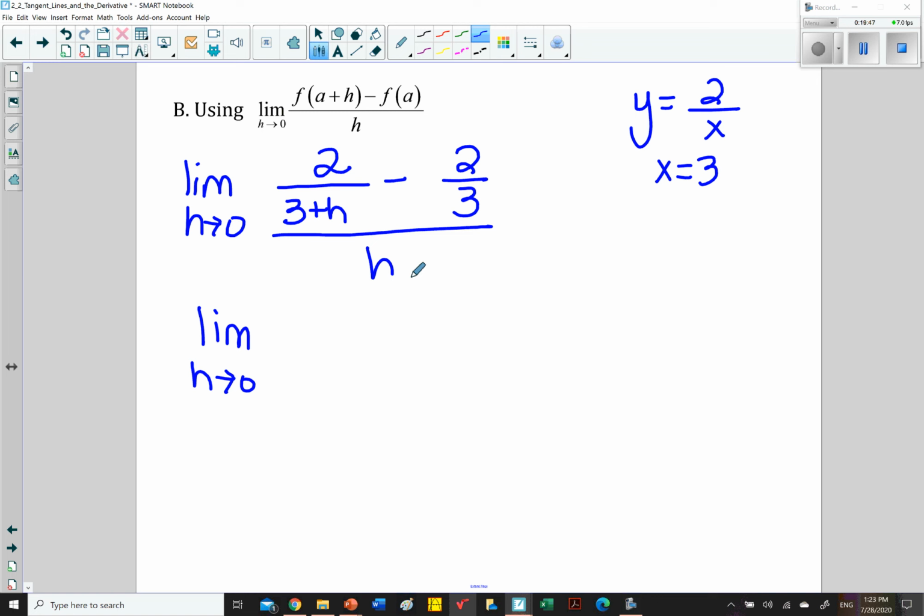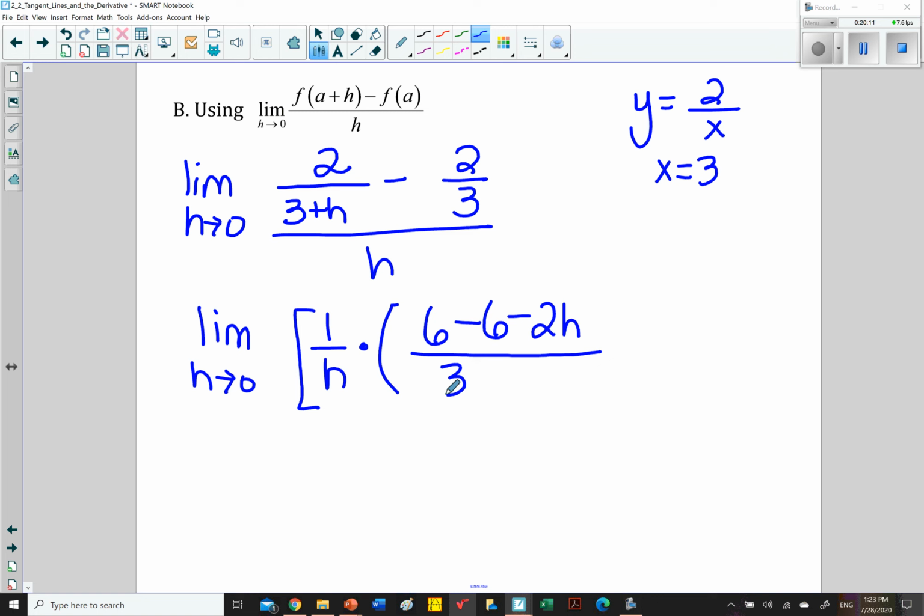And as h goes to 0, I'm going to pull out the 1 over h and get a common denominator. 3 times 2 is 6, and 2 times 3 is negative 6, and negative 2 times h is negative 2h, divided by 3 times 3 plus h. So pulled this out front here and basically got the common denominator, 3 times 3 plus h.